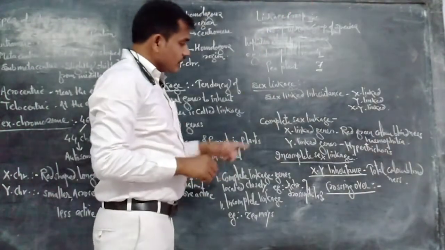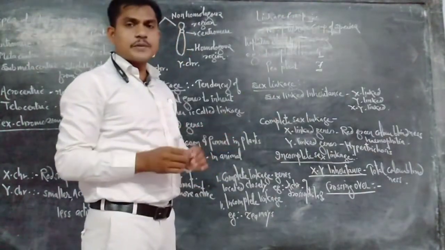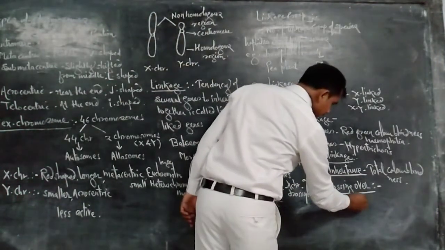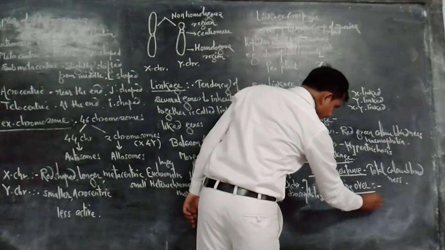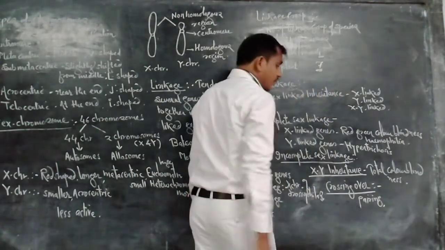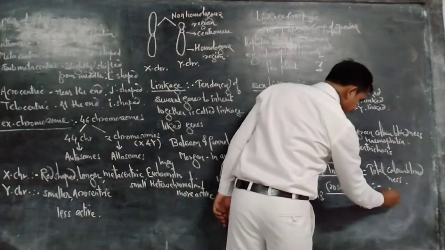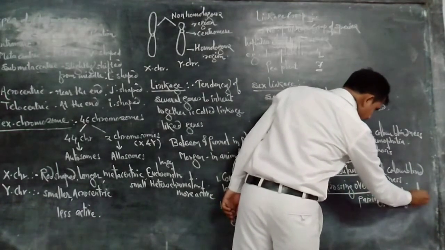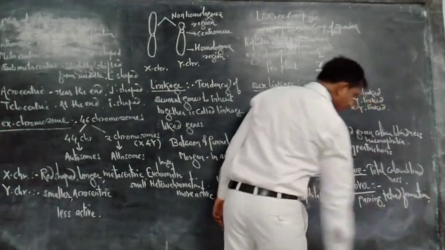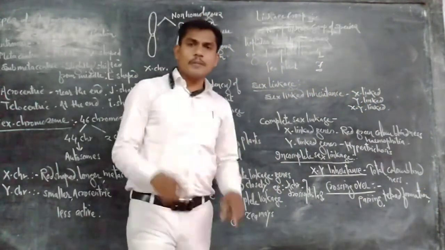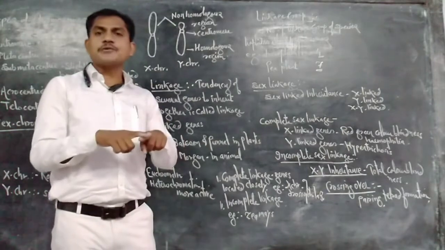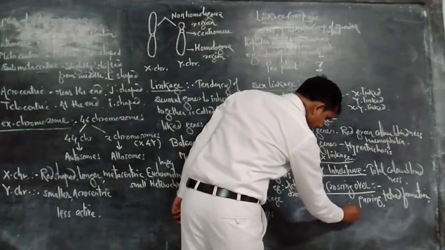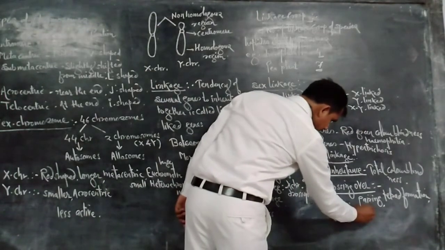See here, crossing over during the meiosis process: the pairing of chromosomes occurs and tetrad formation occurs. Then the chromatids of homologous chromosomes overlap together. Overlapping is crossing over.